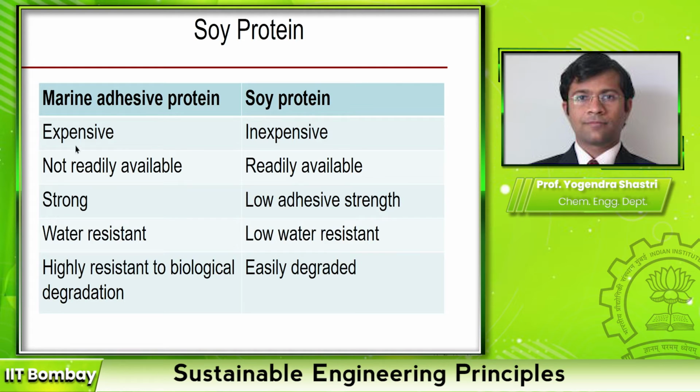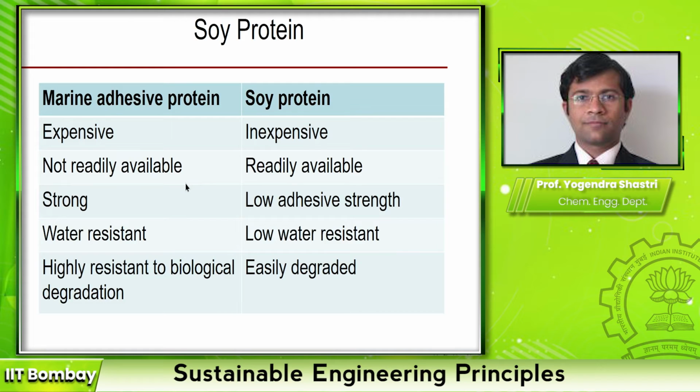Marine adhesive protein is expensive, soy protein comparatively is inexpensive. Marine adhesive protein is not readily available. As I said, you'll have to harvest blue mussels and so on. Soy protein, on the other hand, is readily available because soybean farming is well established, and soybean is an agricultural commodity. There is a lot of production of soybean globally.